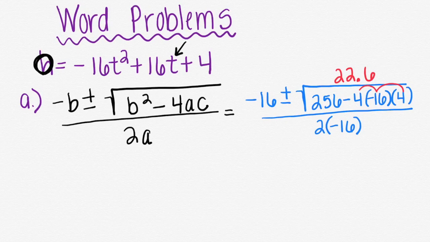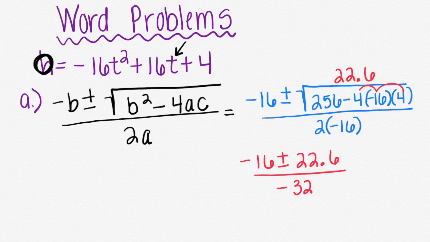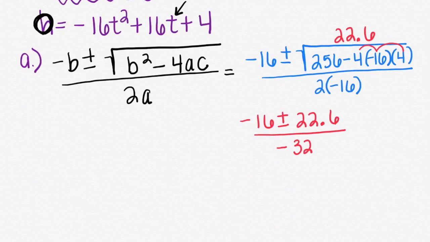So it's negative 16 plus or minus 22.6 all divided by negative 32. Okay? So negative 16 plus 22.6 divided by negative 32, I get negative 0.2, like 0 something, or 0.21, okay?